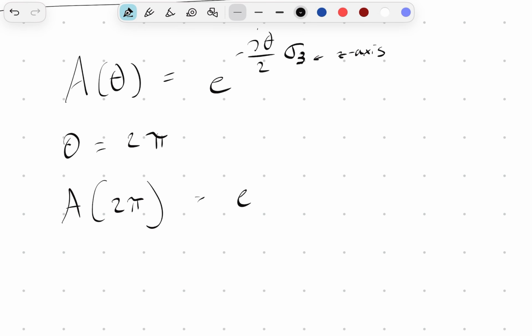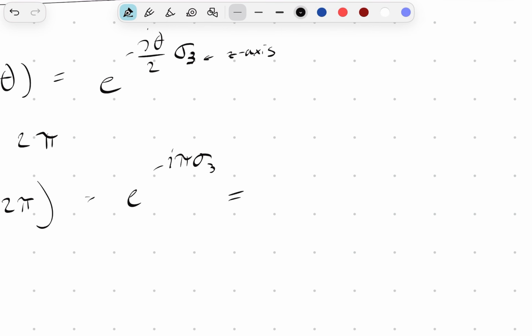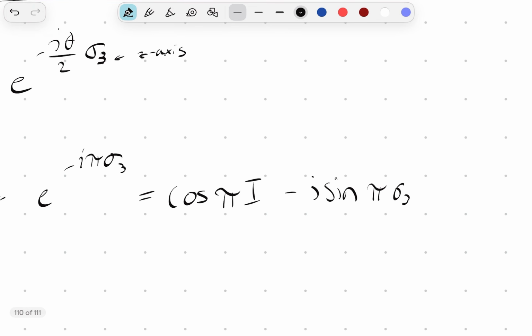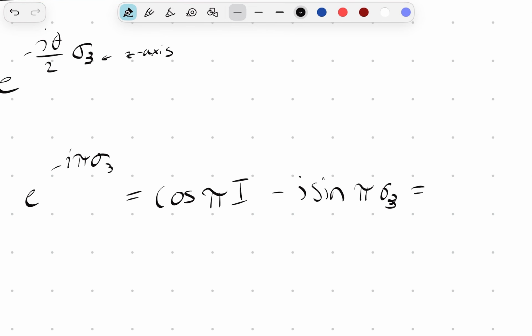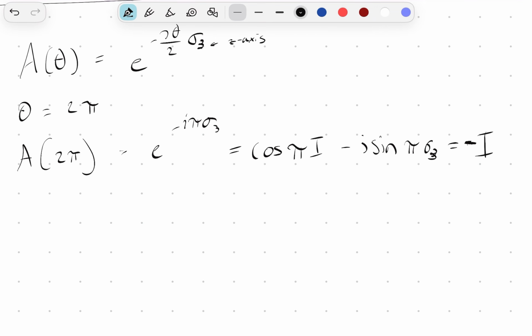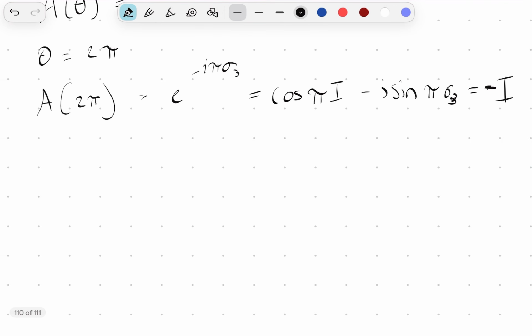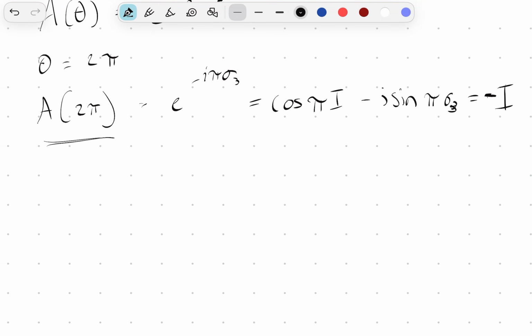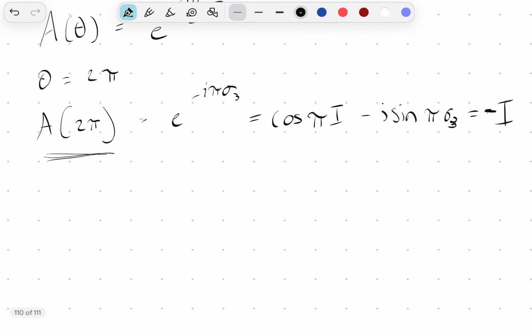What we'd be left with is cosine pi times the identity minus i sine pi sigma 3, which would give us the negative identity if you were to compute that. Okay? And what this negative identity does is it tells us how this matrix will transform this space-time vector.